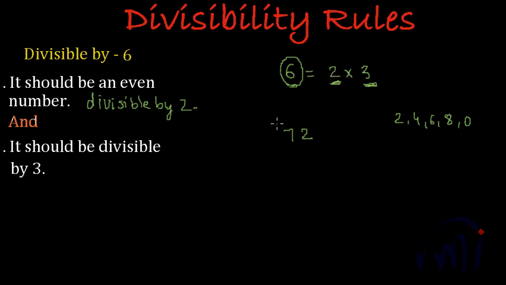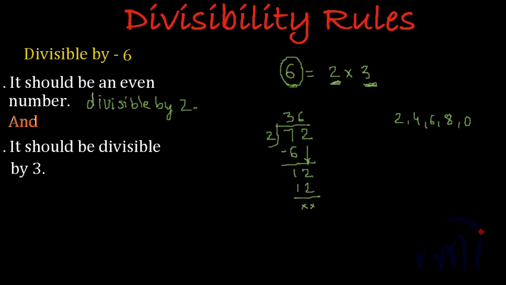Then also let's check whether it is divisible by 2 or not. So 2 3s are 6, and if we subtract, 7 minus 6 is 1. Let's note down the 2 over here. It becomes 12, and 2 6s are 12, right? So 72 is divisible by 2 and it is an even number.